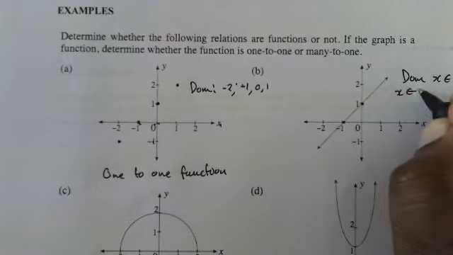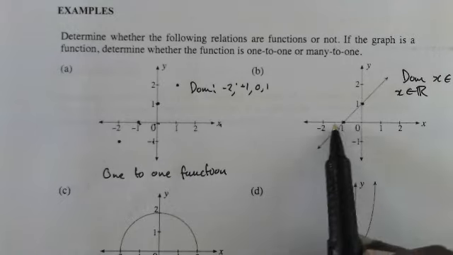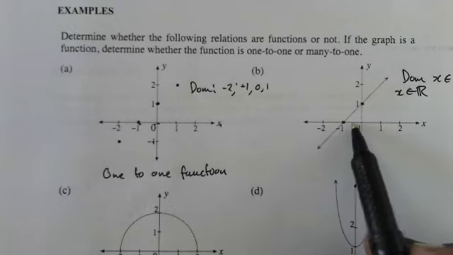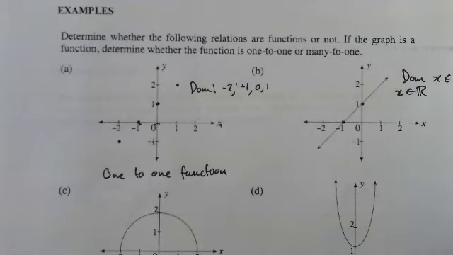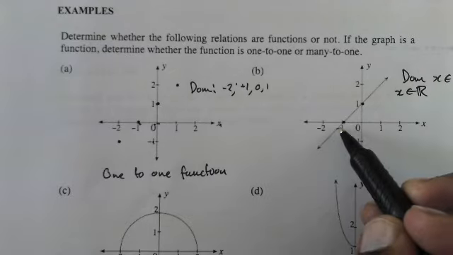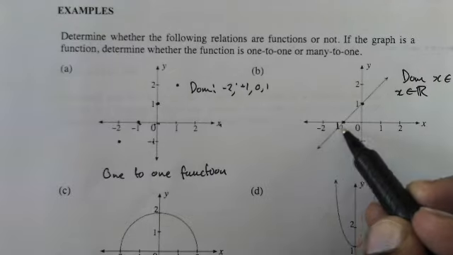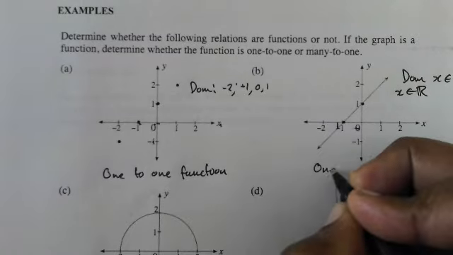Let me write it here: any real number will be a domain. It can also include decimals, so 1.5 will be part of the domain, a half will be part of the domain, and -half will be part of the domain. So it's still a function. Because if I take, let's say, -1.2 on the x-axis, I'll get a value on the y-axis, but I'll get only one value for that. So this is still a one-to-one function.